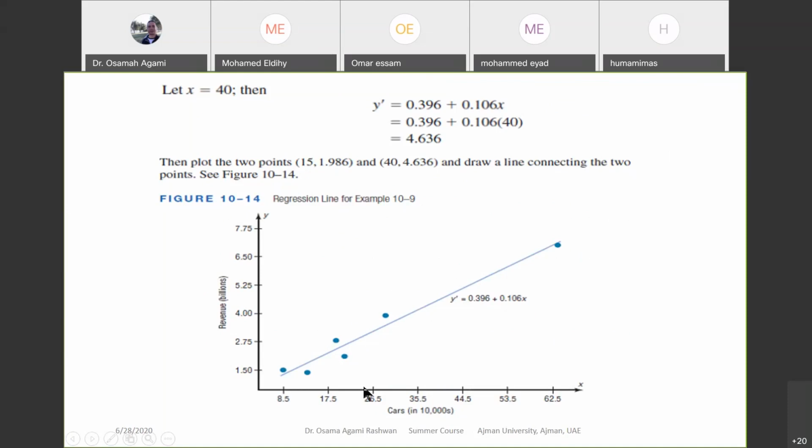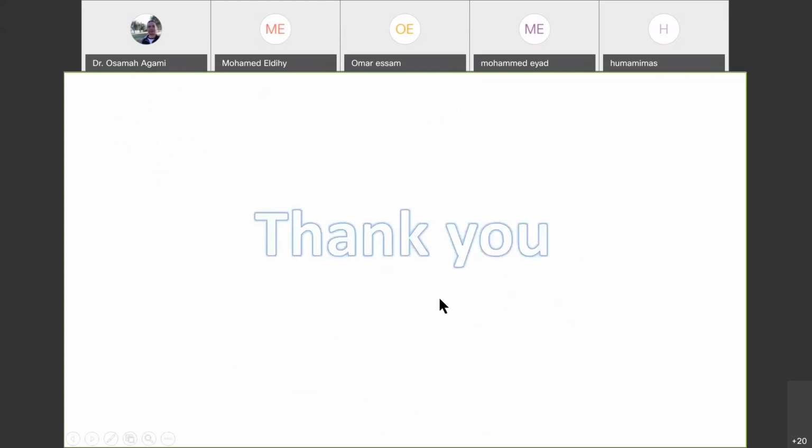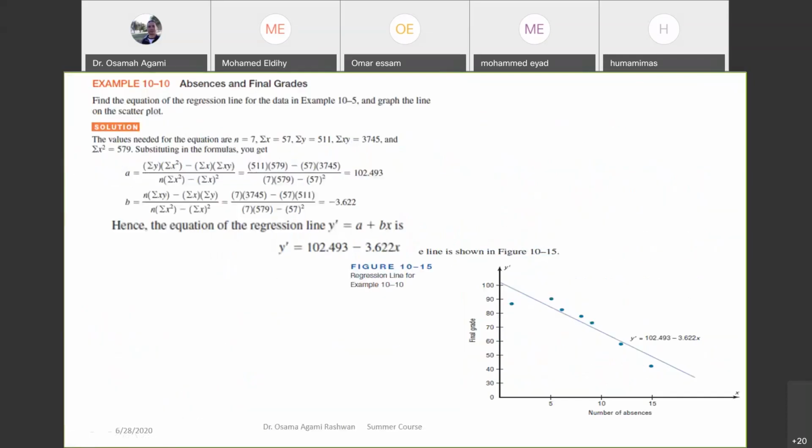I don't have this data here, so I can predict it using the regression. Also here, the slope is negative, so the best line will go down from left to right. Also, if I get the correlation coefficient of this data, I will find it is negative, right?